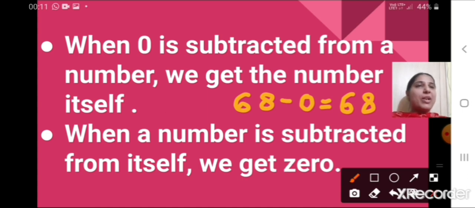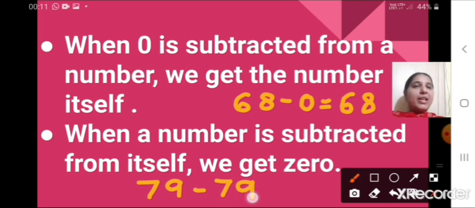When 0 is subtracted from a number, we get the number itself. Then when a number is subtracted from itself, we get 0. Suppose the number 79. If we subtract it from itself, 79 minus 79, we will get 0 only.